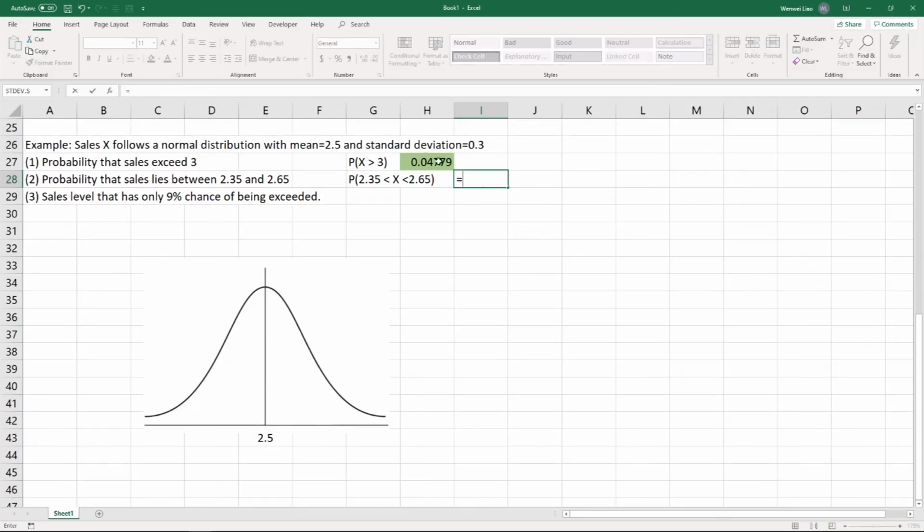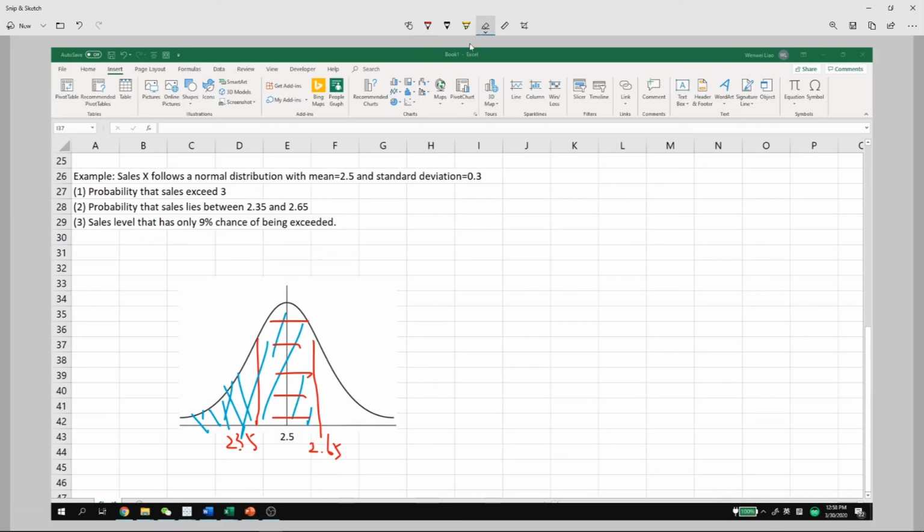So equals NORM.DIST 2.65, 2.5, 0.3, TRUE, minus NORM.DIST 2.35, 2.5, 0.3, TRUE, and the result is here. The last question, the sales level that has only 9% chance of being exceeded.